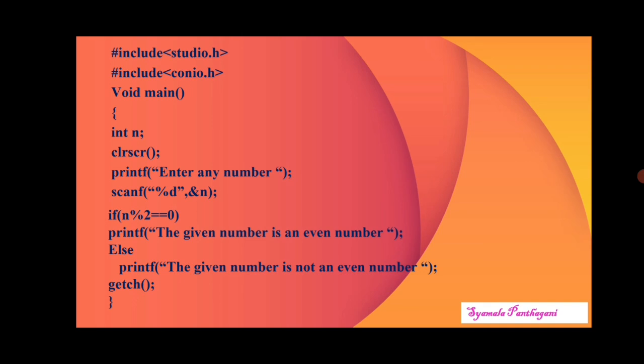Now, if n mod 2 is equal to 0, if I divide any number by 2, the remainder is 0. Here I am taking modulus.